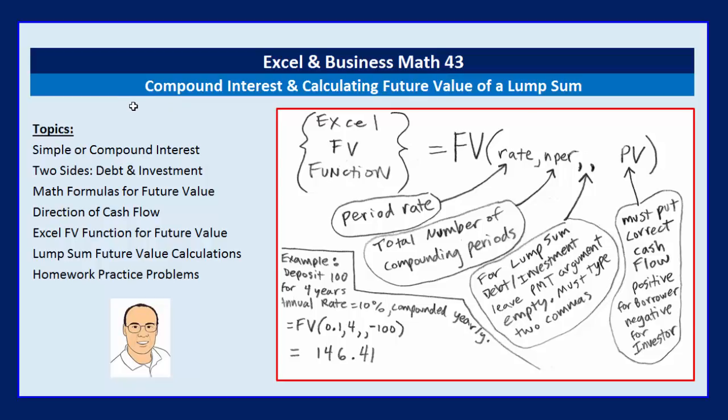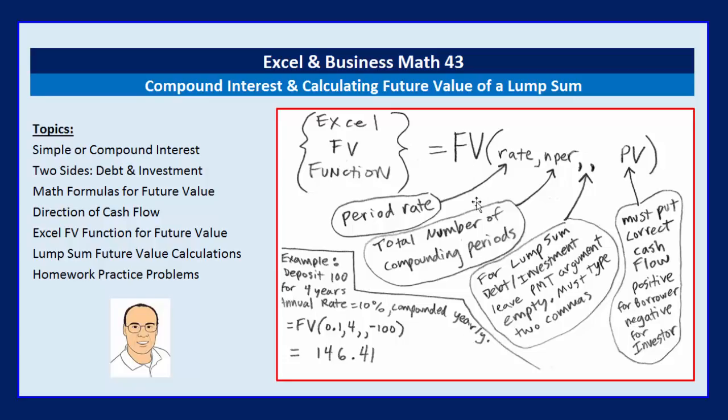Hey, in this video, we got to talk about the power of compound interest and how to calculate future value of a lump sum. Now, here are the amazing topics we're going to cover in this video. And here's a picture of the awesome FV, future value function.